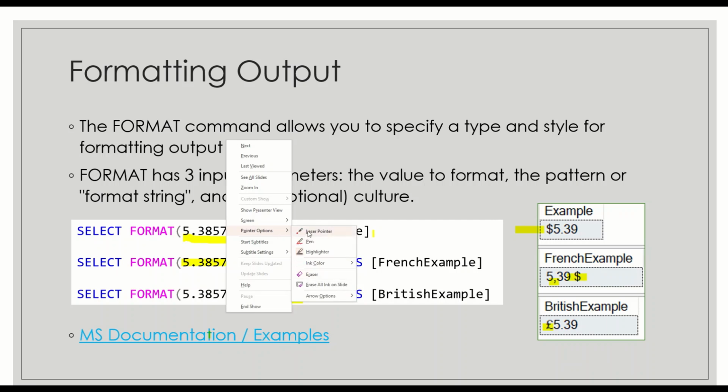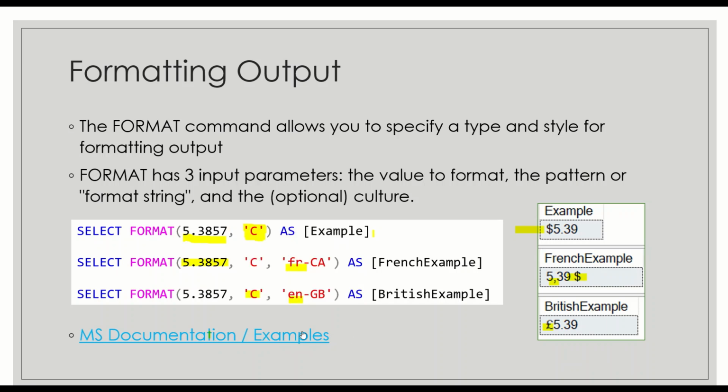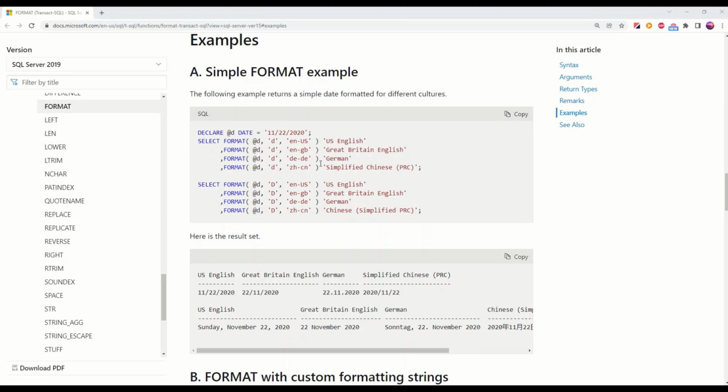I'm going to get my pointer back here so I can click on this and we'll take a look. So the Microsoft documentation shows us some formatting examples with dates in different cultures. The results come out down here. Notably, the difference between US English and Great Britain English: we have a different order of days and months.